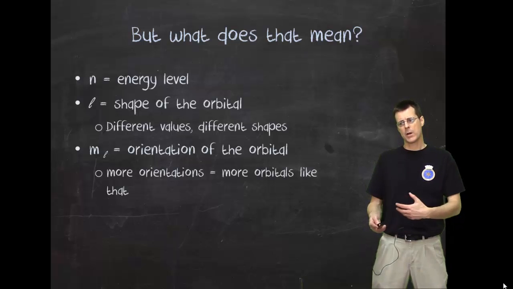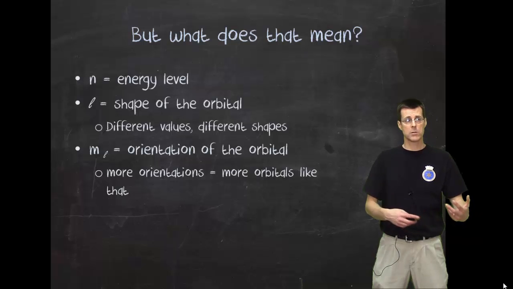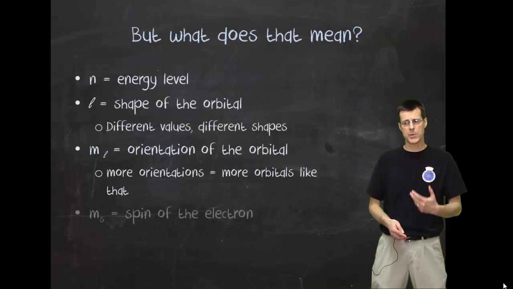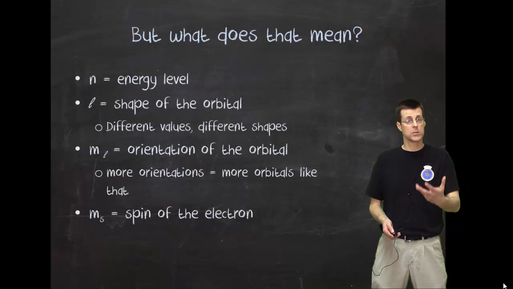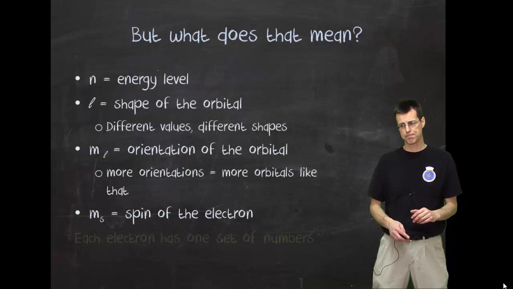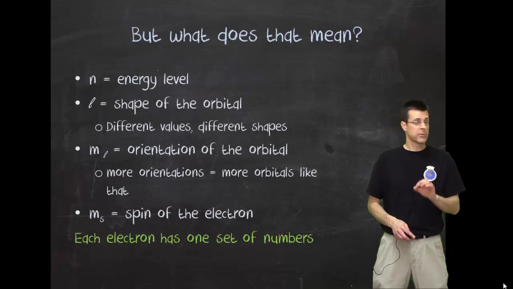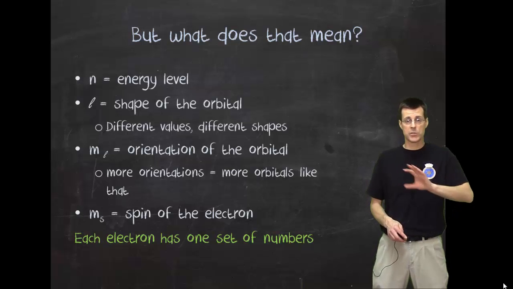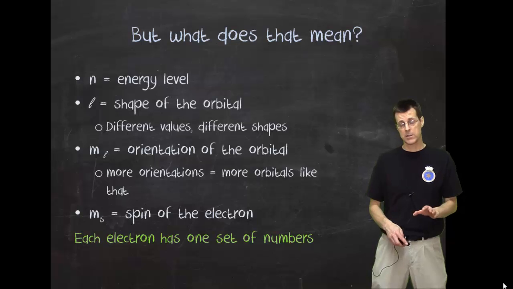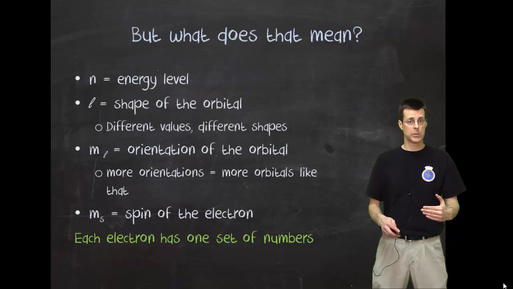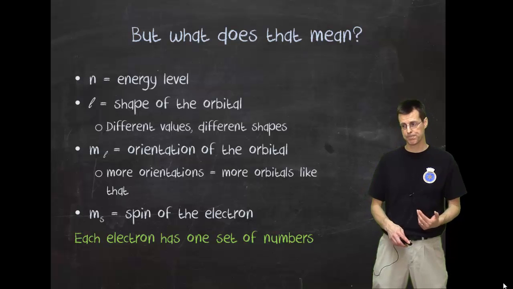The more possible values I have for orientation, well, the more possible orbitals I have. And then finally the spin number, well, that's just, I can fit 2 electrons, either spinning plus 1/2 or spinning minus 1/2. I also have to remember that every electron has a unique set of numbers. No 2 electrons have exactly the same 4 numbers. We can have electrons that have the same 3 numbers, but then one would be spinning plus 1/2, the other would be spinning minus 1/2.